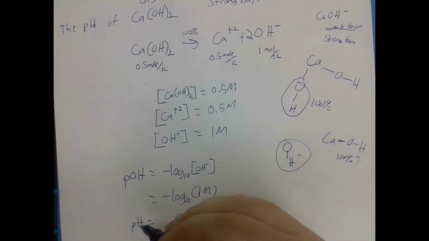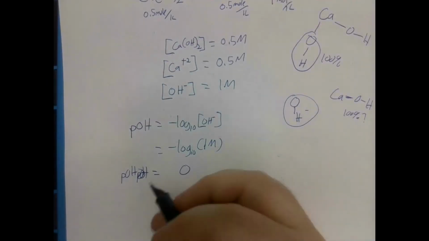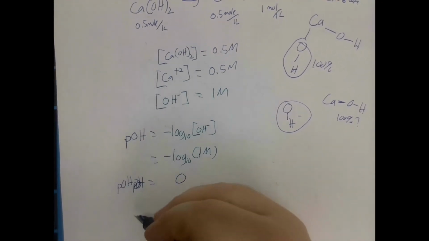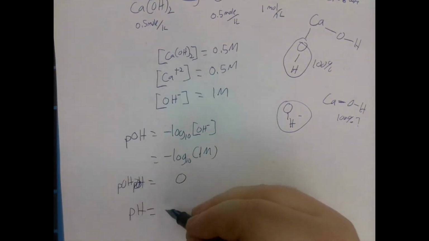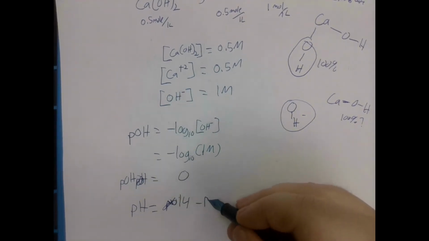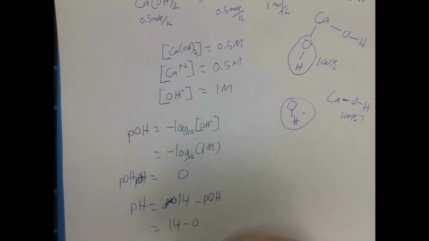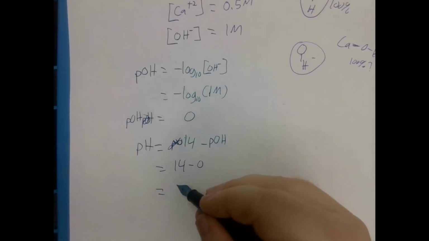So pOH of 0. So pH would be 14 minus pOH. So that'd be 14 minus 0. That gives me a pH of 14.